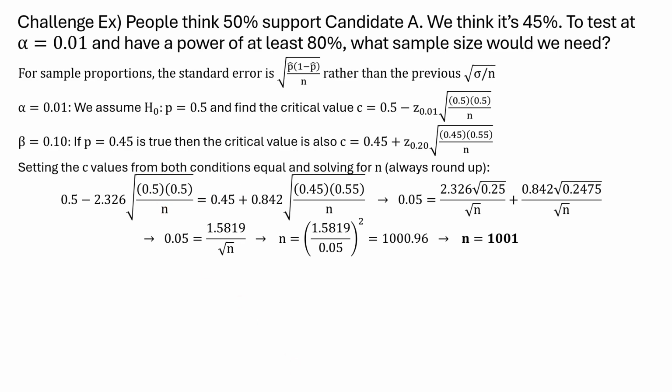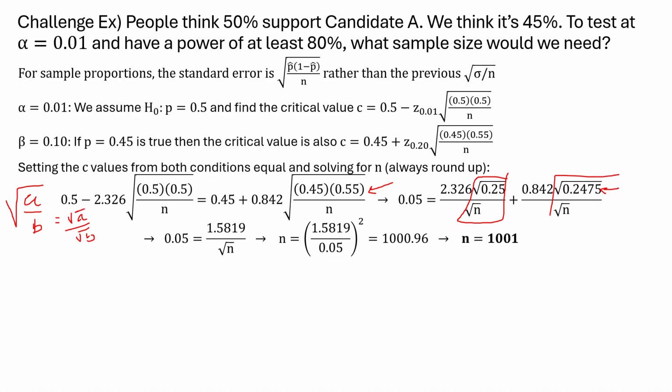Remember this formula: if you have the square root of a over b, that's the same thing as the square root of a over the square root of b. And so here I split up the square root of 0.25 over n into the square root of 0.25 all over the square root of n. Okay, and I did the same thing here. So 0.45 times 0.55 is 0.2475, and then I split up the square root as well.